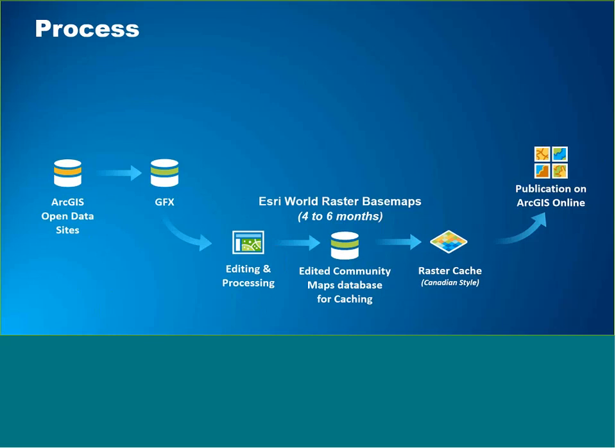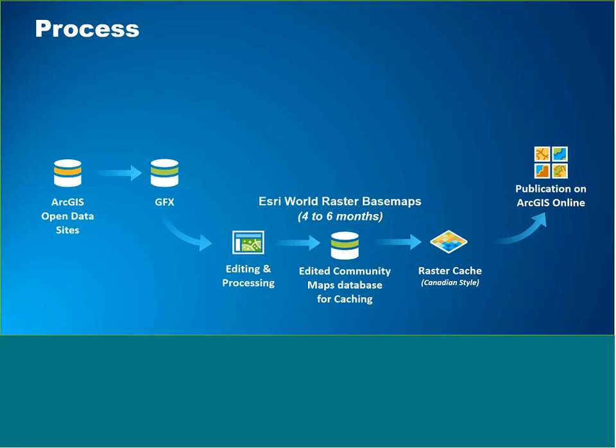So up until now, in the Community Maps program, the technicians on staff have extracted data from the GFX whenever they're ready to process a community. They've edited and processed that community. In other words, they've done a little bit of cleanup. They standardized the road classifications, for instance.